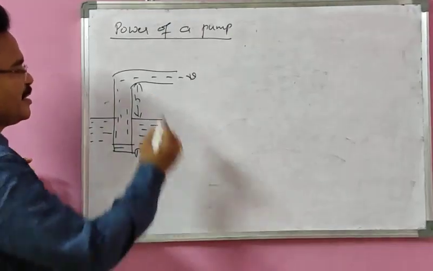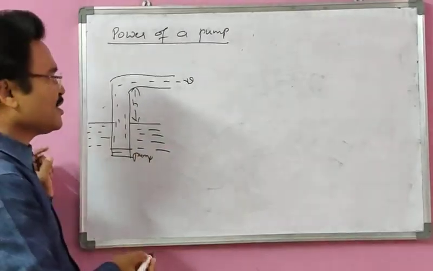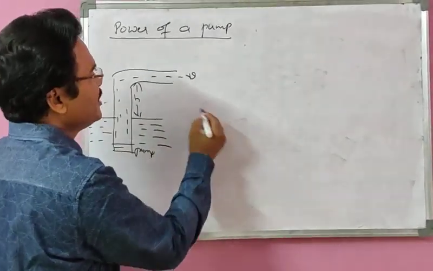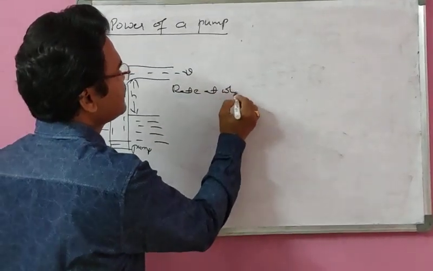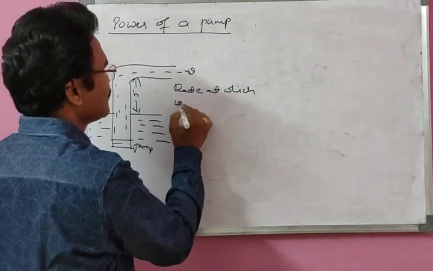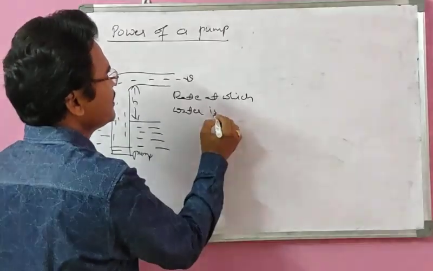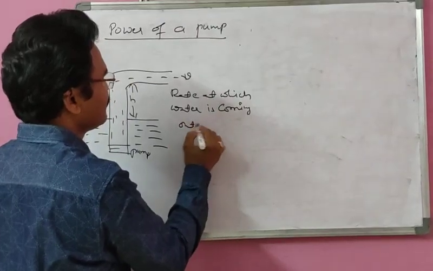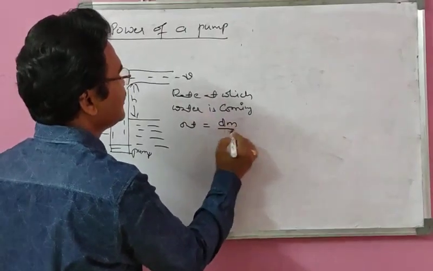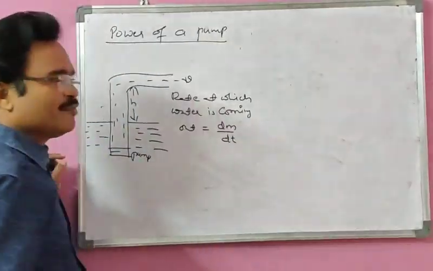Let us consider that the rate at which the water is coming out is dm by dt.